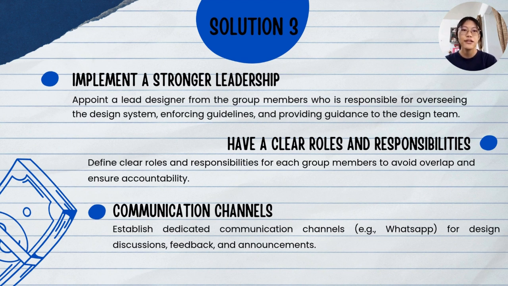Next, our group can also have clear roles and responsibilities. We need to define the roles and responsibilities for each member on the design team so that any overlapping efforts can be prevented. By clearly defining who is responsible for what, we ensure accountability and streamline our collaborative process. Finally, to solve the challenge, we can also have a communication channel to foster a more connected and efficient team.